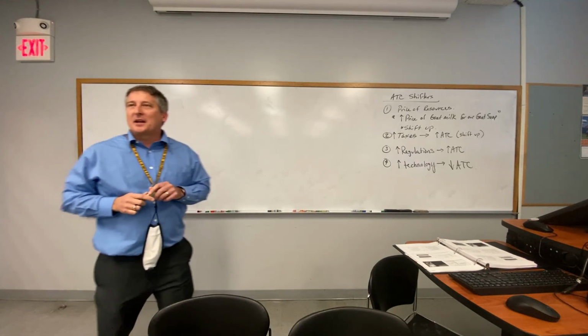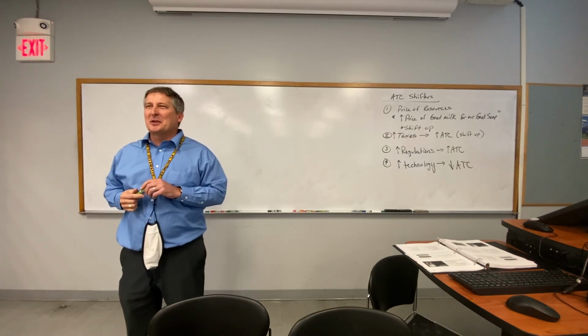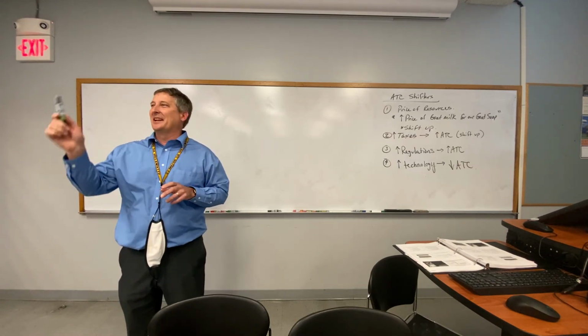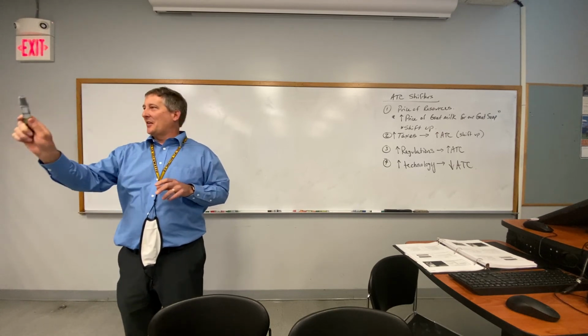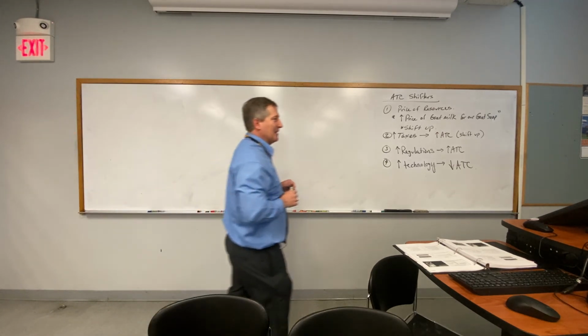Okay, let's see. We left off with Anna. What was your number again, Jay? 7. 1, 2, 3, 4, 5, 6, 7. Chris, what did you write down?